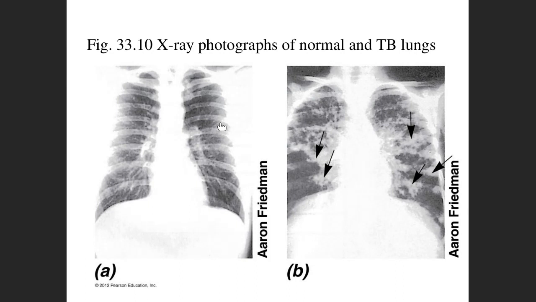Does anyone know why the rib is white in this X-ray photograph? Yeah, calcium and bone density. Yes, the bone is very dense, but why does dense bone appear white?